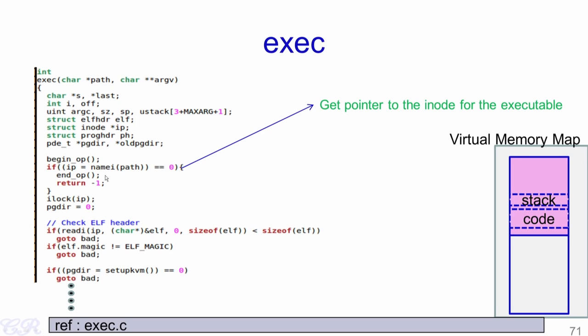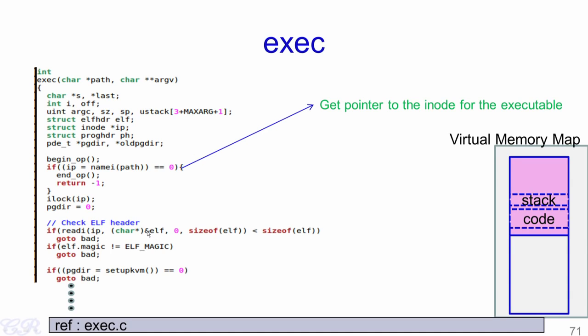In our particular case, where we are using /bin/ls, this function namei would return the inode for the ls executable. Next, we use this function called readi, which reads from that inode, that is from the secondary storage device, the ELF header.